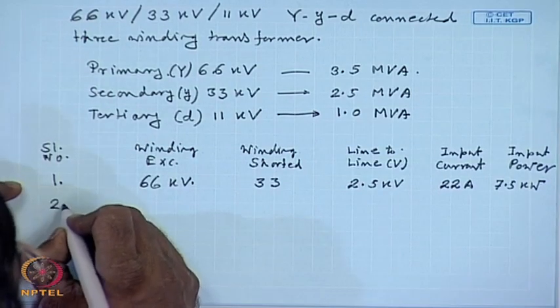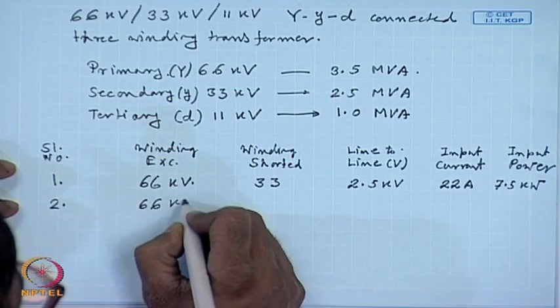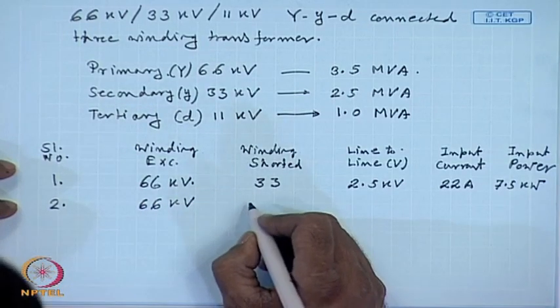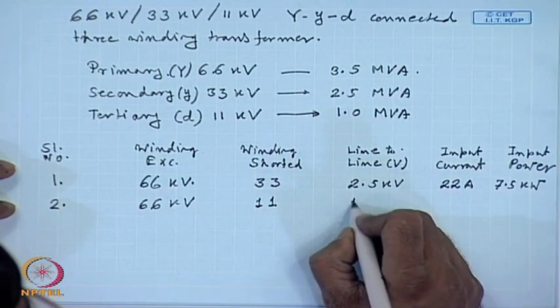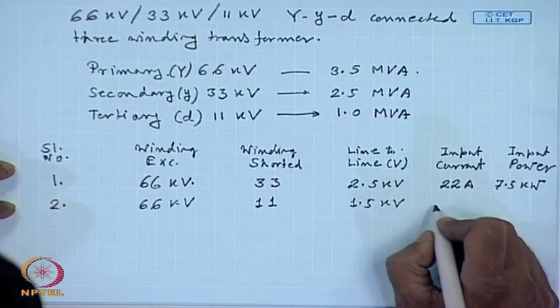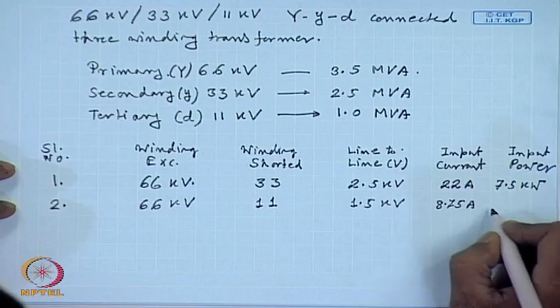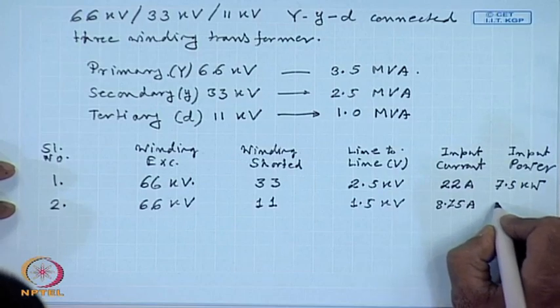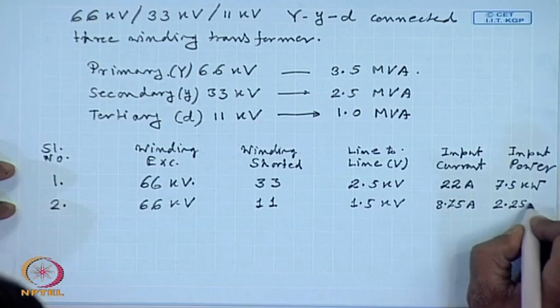The second test, again the excited winding is the 66 kV winding, however, this time the shorted winding is the 11 kV winding, needed to apply 1.5 kilovolt to circulate a current of 8.75 ampere and the input power was 2.25 kilowatt.